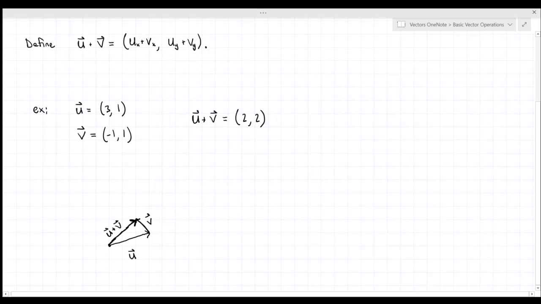So you can kind of see how it works. u plus v has x and y components 2 and 2. Looking at this vector here that I just drew, notice that it has an x component of 2 and a y component of 2 as well. Hence, when you connect your vectors head to tail, their sum forms this third edge of a triangle between the vectors.